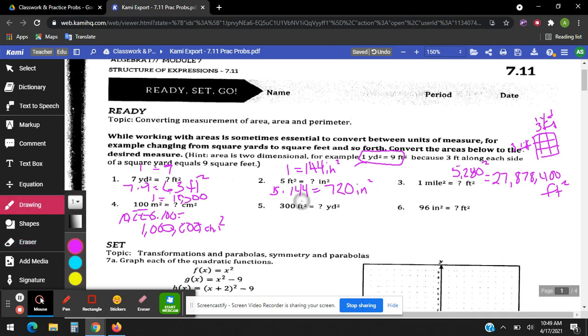So for this one, I think they really meant yards squared, feet squared. So this is one of their typos in here. So again, 1 yard equals 9 feet. So 9 times 300 equals 2,700 feet squared. And the same thing over here.